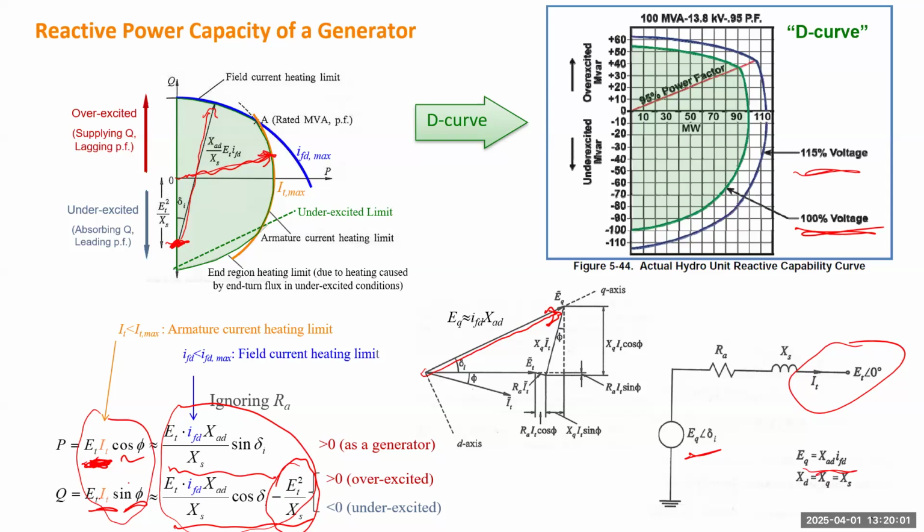Okay. So this gives you an idea on how to determine the limit of P and Q of a generator, and this is critical when you study voltage stability, because you need to check for any condition where the generator goes outside of this boundary. So for instance, if we go outside from this direction, that will violate the current limit of the field winding.